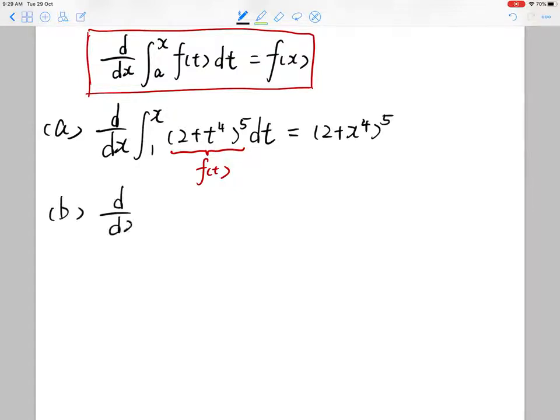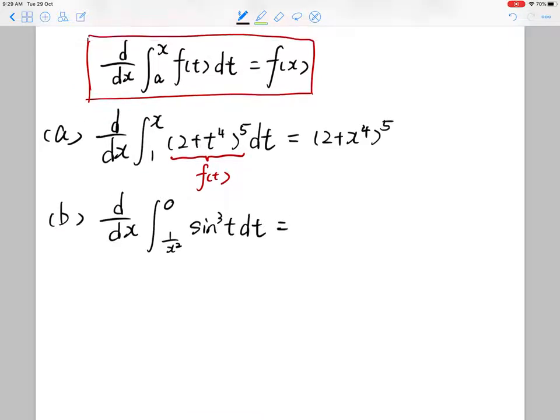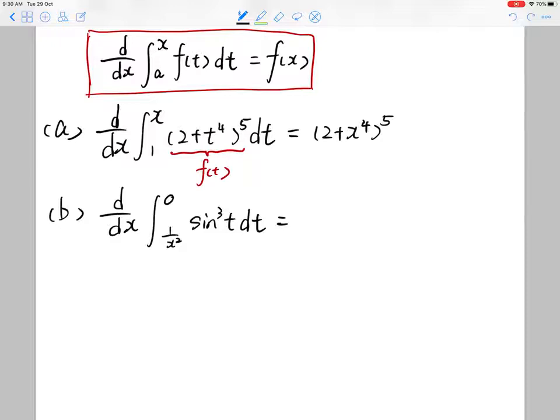d over dx of the integration from 1 over x squared to 0 of sine cubed t dt. First, you want the constant to be at the bottom, so it's negative d over dx from 0 to 1 over x squared of sine cubed t dt.